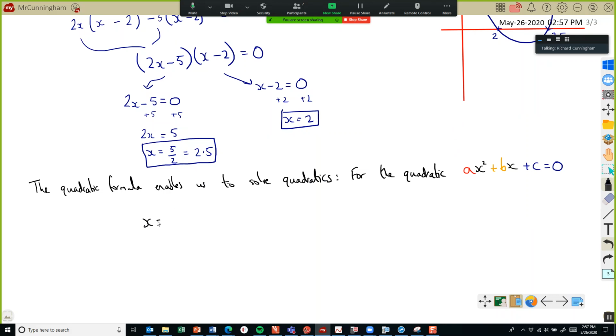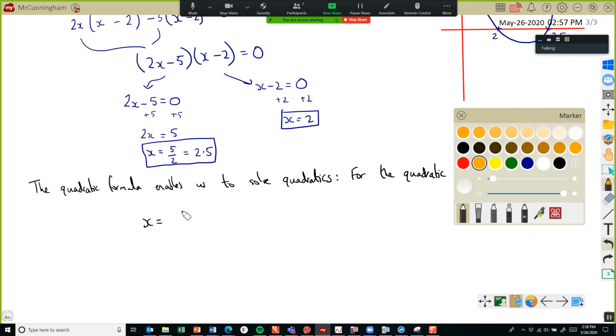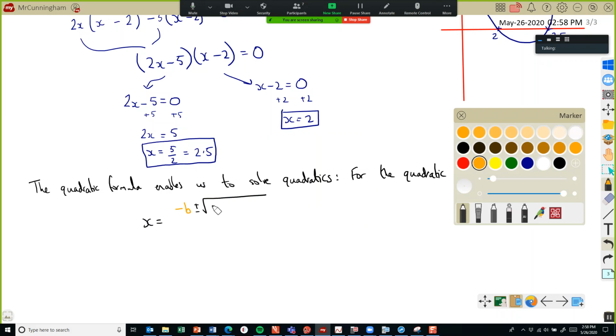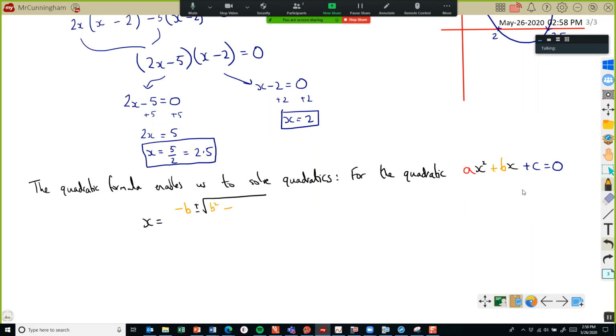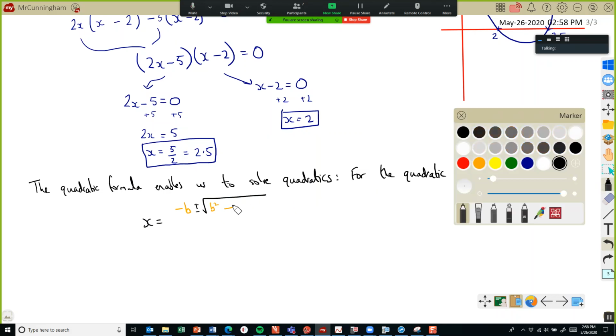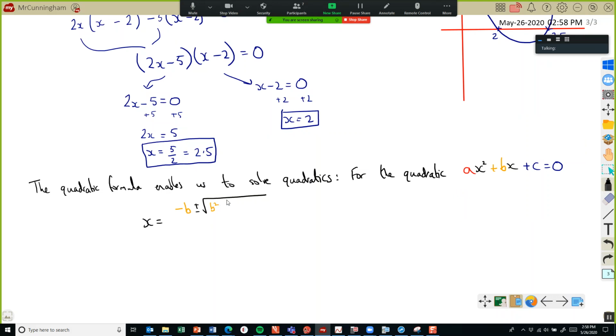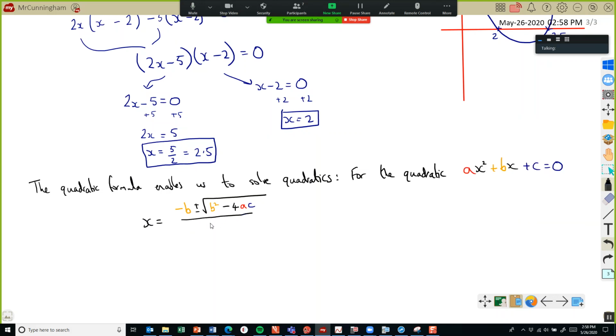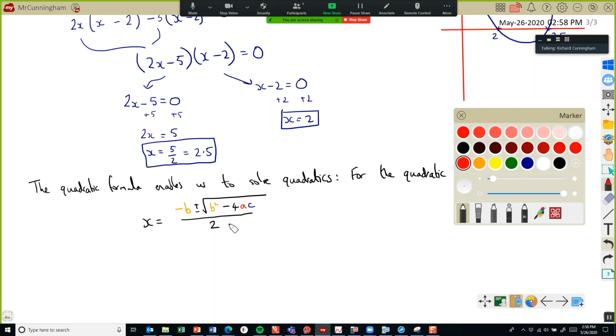The quadratic formula is, now I'll show you how to use it. It's not as bad as it looks. x equals minus b, plus and minus, I'll talk about that in a second, the square root of b squared minus 4 times the value of a times the value of c, all divided by 2 multiplied by a.